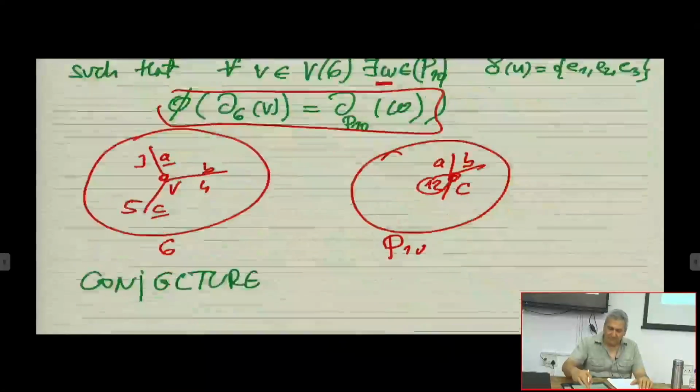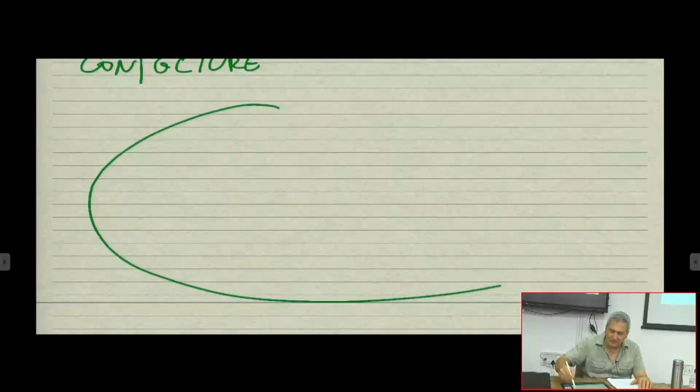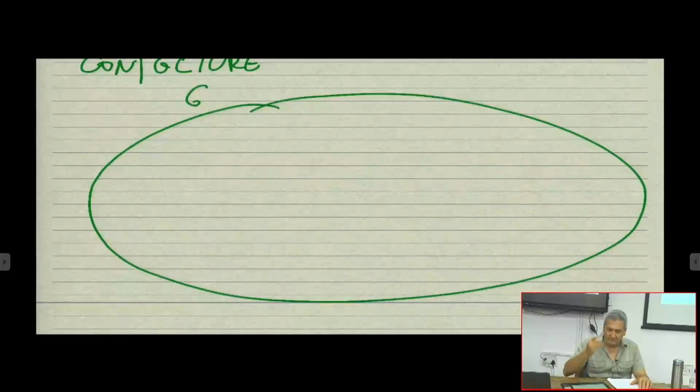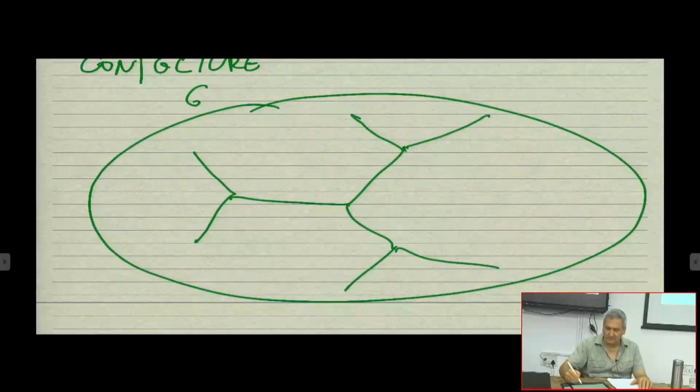So, let's do an example. We have some big graph G. This is the graph G. So let's say I put a vertex here.